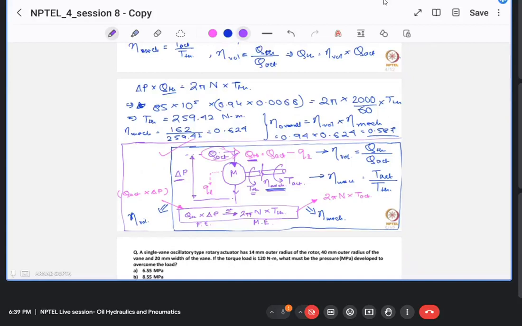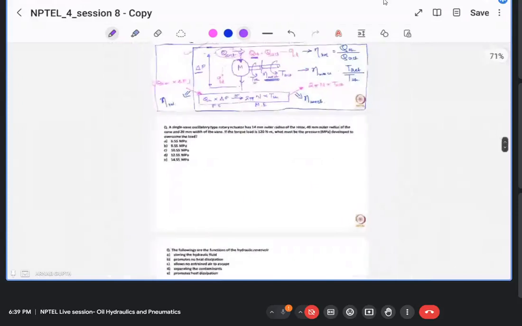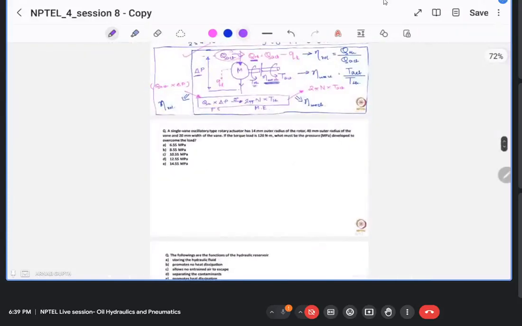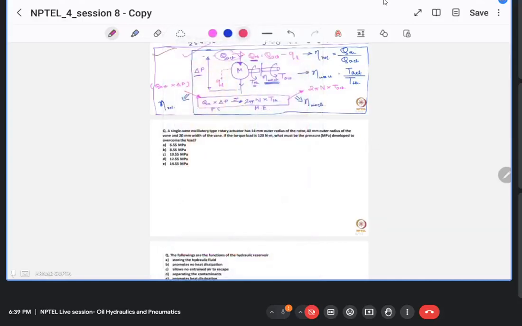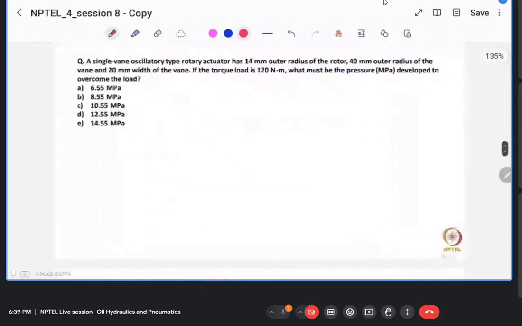Now, deviating from this topic a little bit, if you try to do this for a pump, then how will it look? Before solving the next question, I'm just trying to draw this particular picture for a pump.